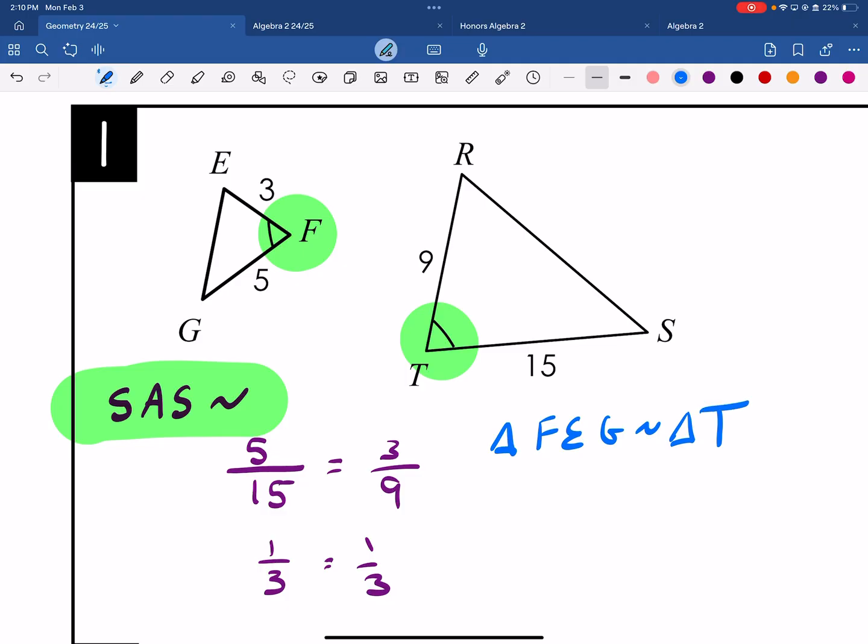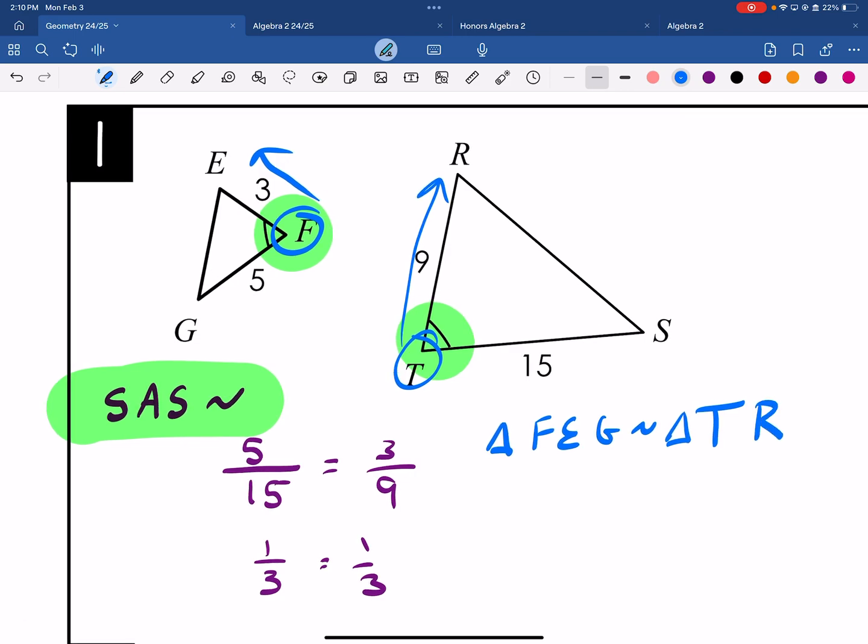F and T go together. Which one goes with E? Here's the F. I go down the short side. Here's T. I go down the short side. It has to be R and S.